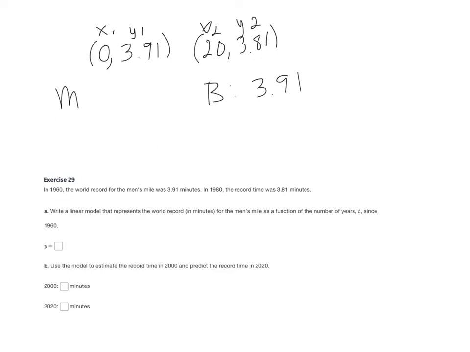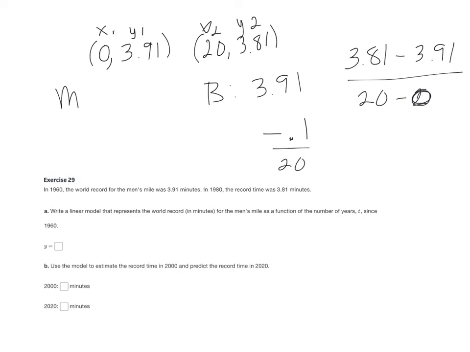So we're going to have 3.81 minus 3.91 over 20 minus 0. 3.81 minus 3.91, I get -0.1. -0.1 over 20.